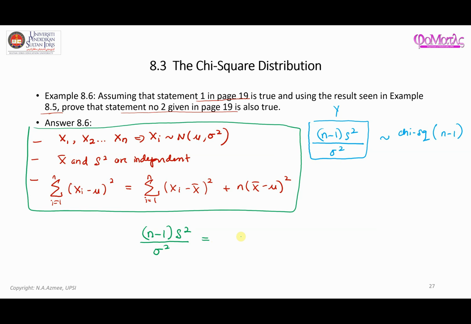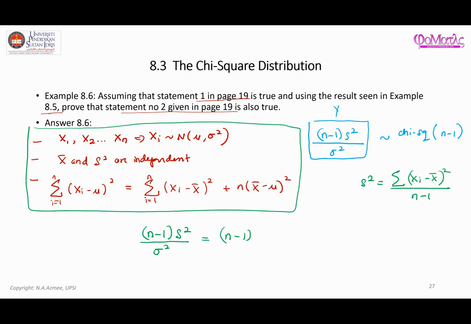So this is equal to n minus 1 times S squared. What is S squared? S squared is the summation of Xi minus X bar, squared, over n minus 1. So this is the sample variance.